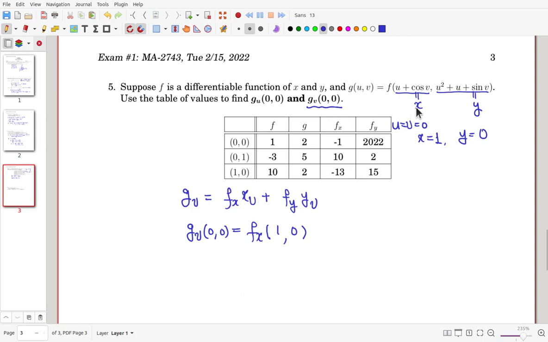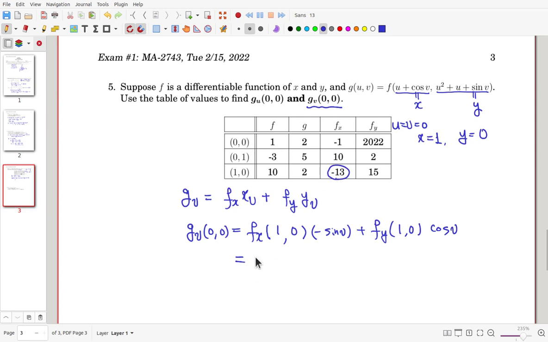The x v derivative is minus sine of v, plus f sub y, again at the x, y value, which is (1, 0), times the y v derivative, which is cosine v. Now f sub x at (1, 0): you have to use this value, f sub x at (1, 0), not (0, 0).